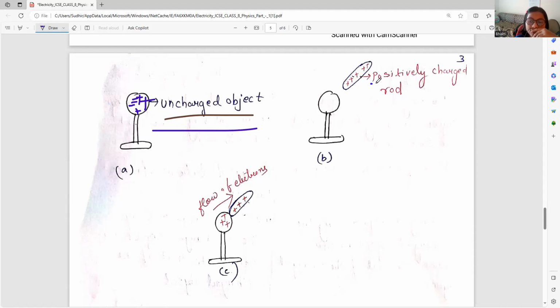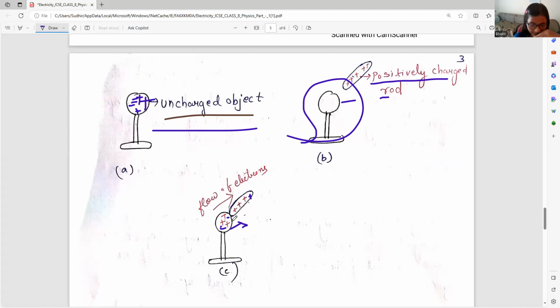When I take a positively charged rod, only positive, this rod has lost its electrons. When I bring it towards this neutral ball, the ball has negative charges, but the rod has only positive charges.